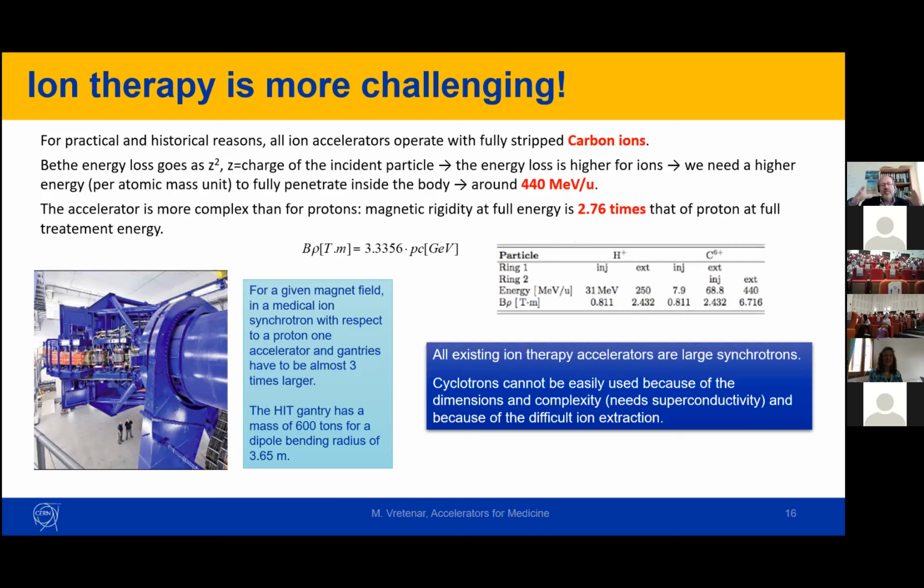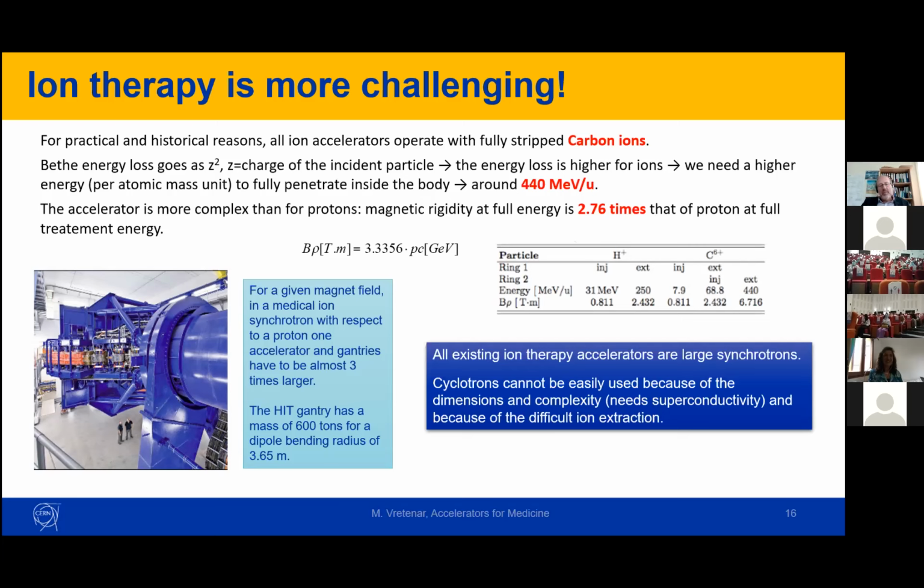A synchrotron for ions is 2.8 times bigger than a synchrotron for protons, and a gantry for ions is 2.8 times bigger than a gantry for protons. And you see this one here, it's 2.8 times bigger than what would be an equivalent gantry for protons.